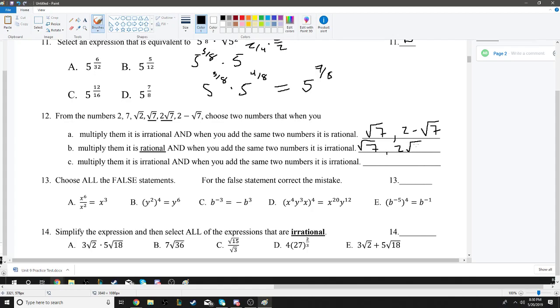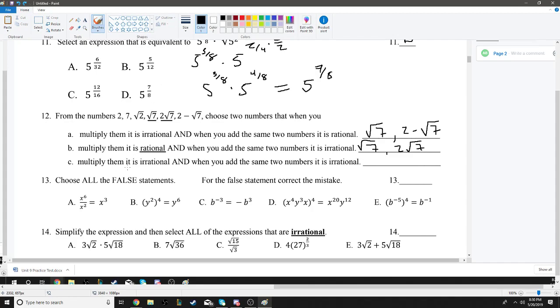Okay. If you add them, you get 3 √7, which is irrational. And when you multiply them, you get 2 times the square root of 49, which is 2 times 7, which is 14. So there you go.